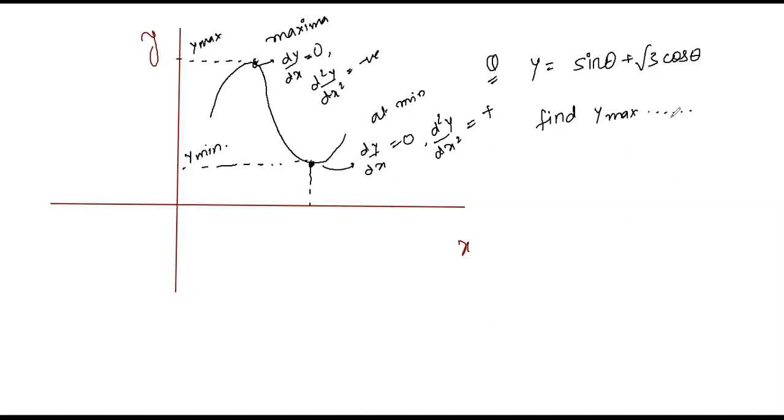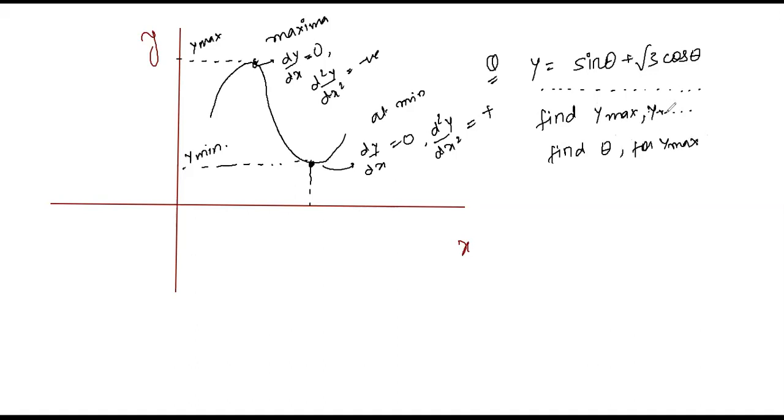Tomorrow morning, when we start the class, before understanding other concepts of kinematics, we'll have a short discussion about such questions where you're given a value of y and you're supposed to find y maximum and y minimum, or find the value of theta for which y is maximum or minimum.